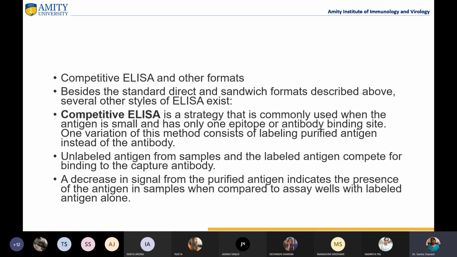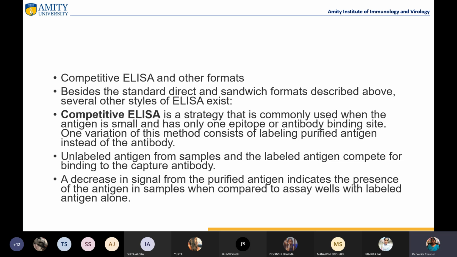Then there are some other formats known as competitive ELISA. The competitive ELISA is basically used when we have a very small antigen that has only one epitope or antibody binding site. One variation of this method consists of labeling: they label the purified antigen instead of the antibody.